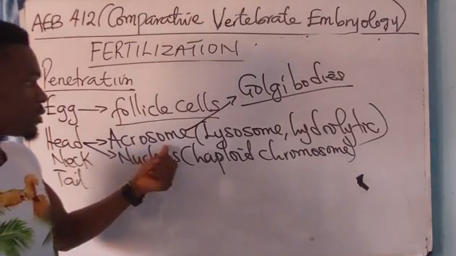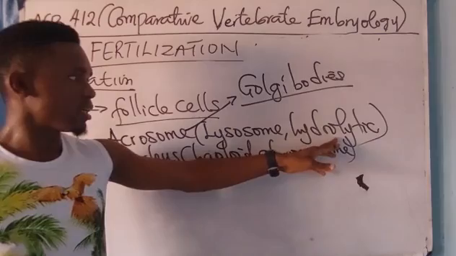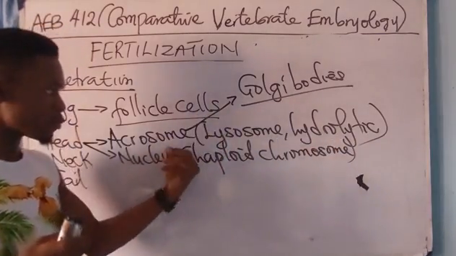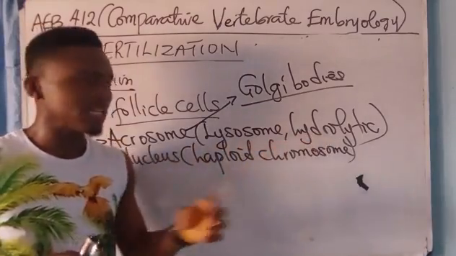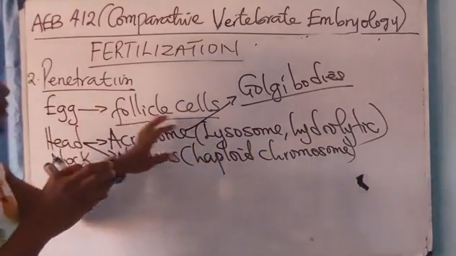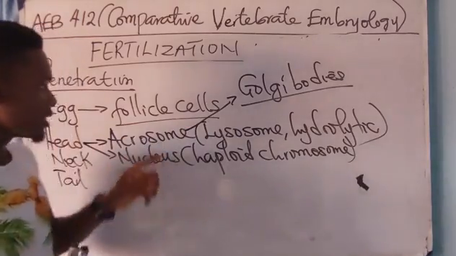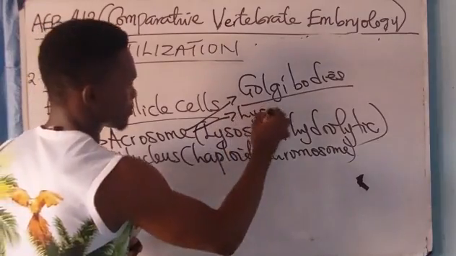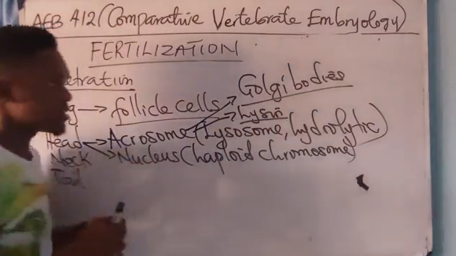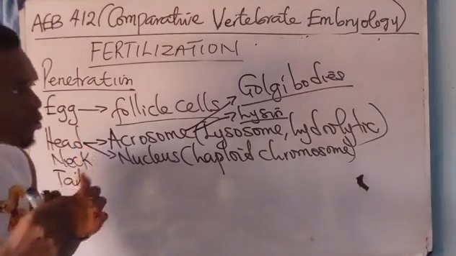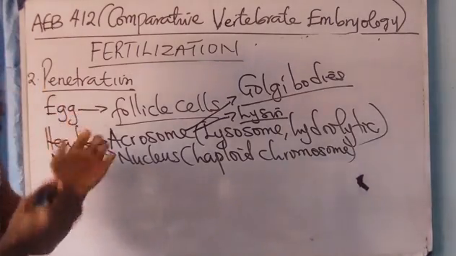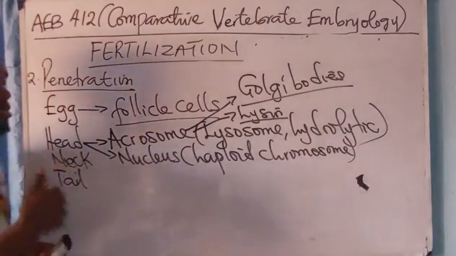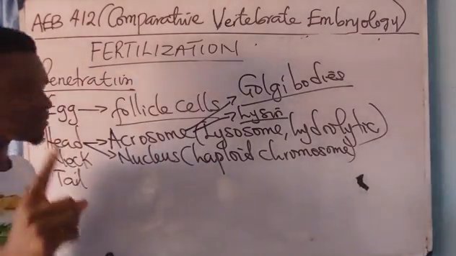As soon as the lysosome of the acrosome releases this hydrolytic enzyme, it renders these follicle cells weak. The acrosome releases an enzyme called lysin, which dissolves the envelope that surrounds the egg. After dissolution, the sperm is able to pass through successfully.